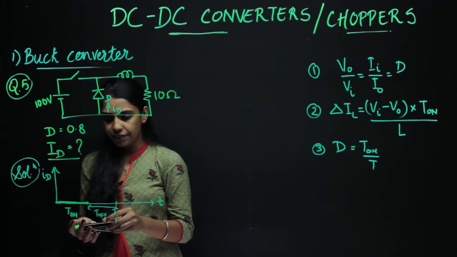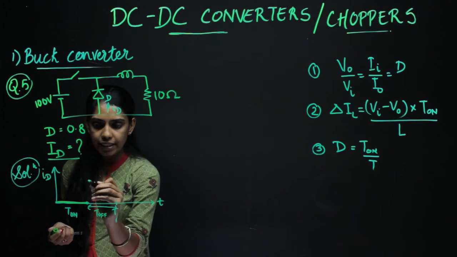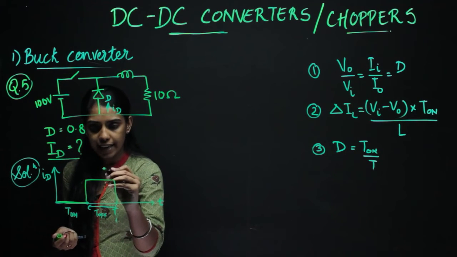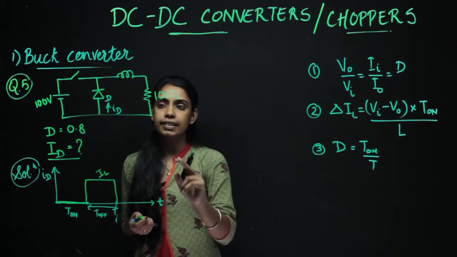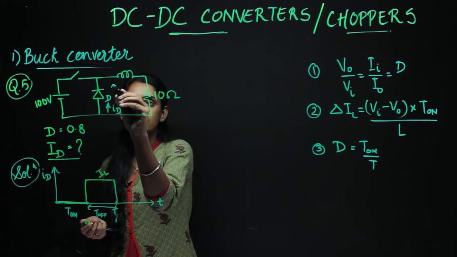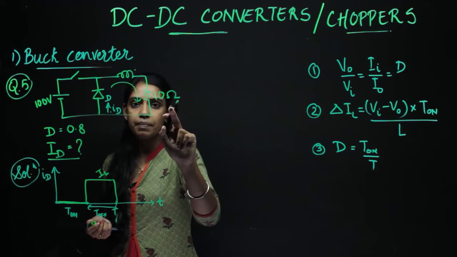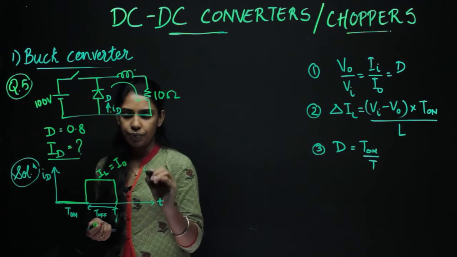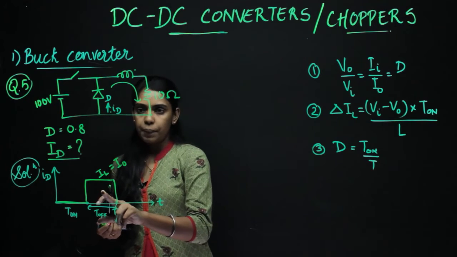So we have ID, which is same as the inductor current, IL. If you remember, we had seen the inductor current is same as the output current. You can also see here, this is the current flow. So this diode current is same as the inductor current, which is also same as the output or the load current. So this is equal to IO. So this is what the diode current waveform is.